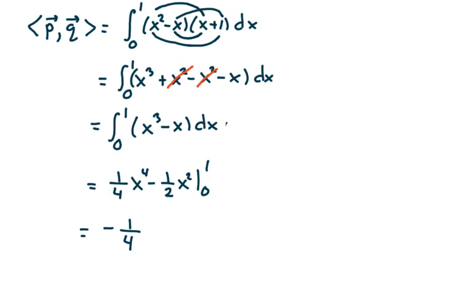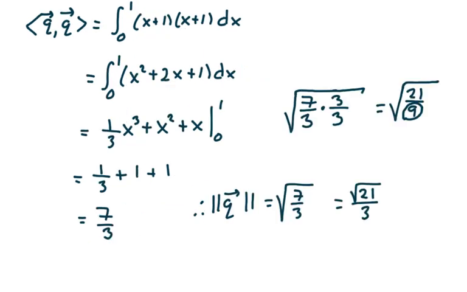But that's the integral from 0 to 1 of x cubed plus x squared minus x dx. That's the integral from 0 to 1 of x cubed minus x dx, which is 1/4 x to the 4th minus 1/2 x squared, evaluated from 0 to 1, and that's equal to negative 1/4.